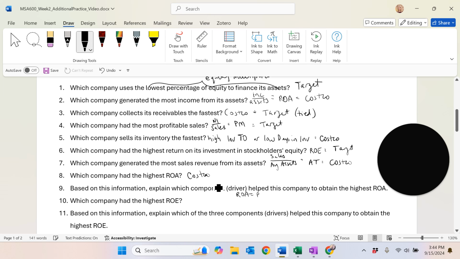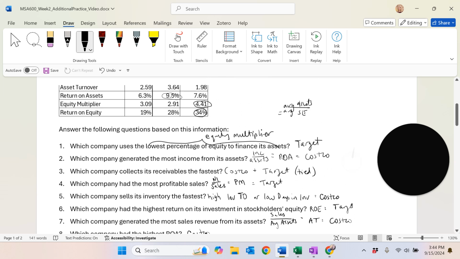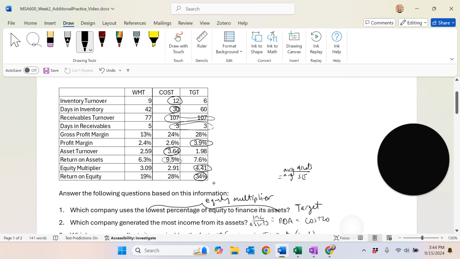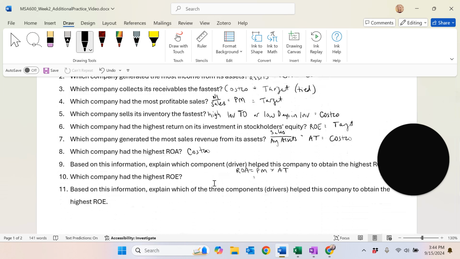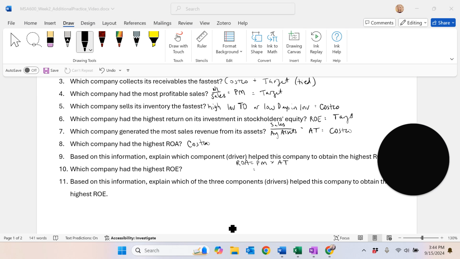ROA is equal to the profit margin times the asset turnover. Okay, and profit margin, Costco had the second highest profit margin. So the profit margin is the second highest, so that's not what led to it.